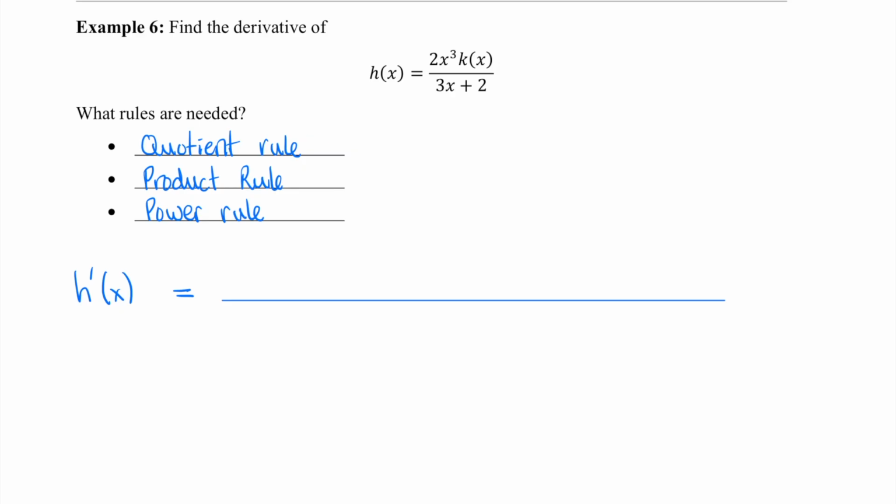First, we start with the quotient rule. We take the derivative of the top times the bottom, minus the derivative of the bottom times the top, all divided by the bottom squared.